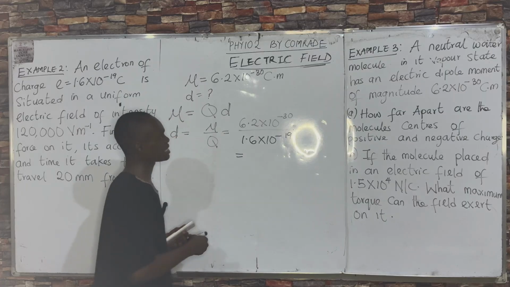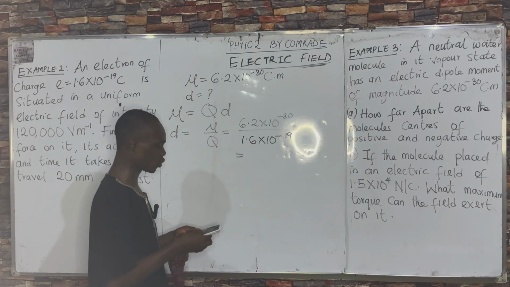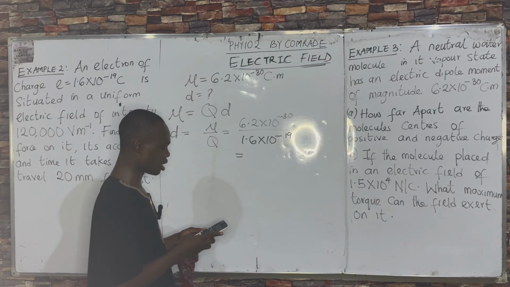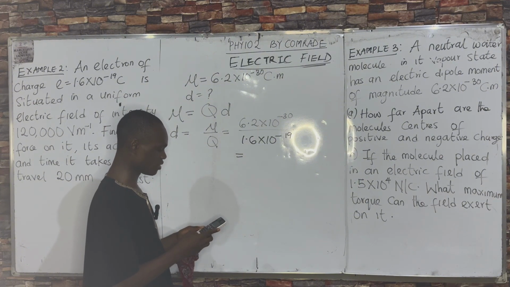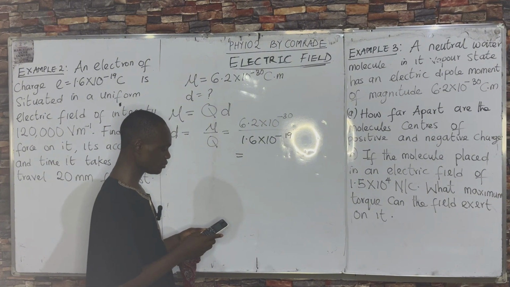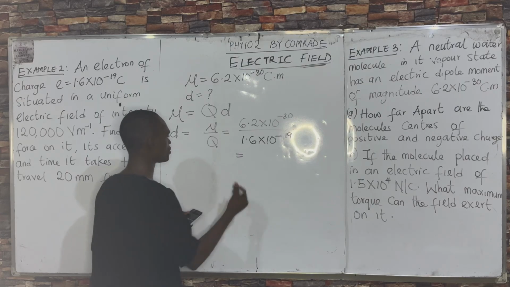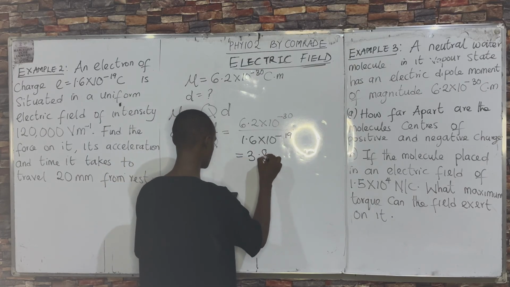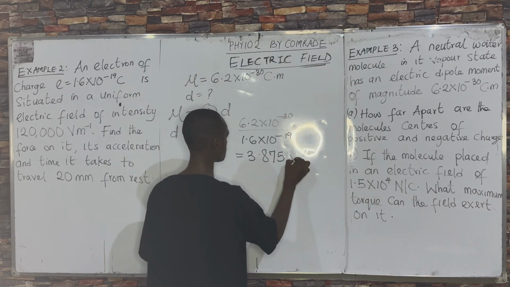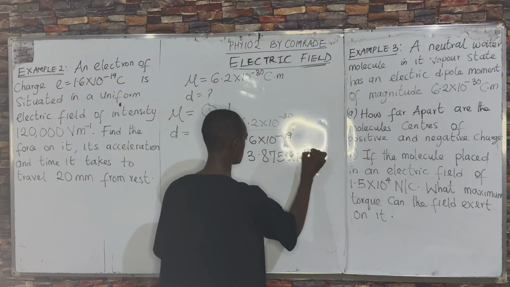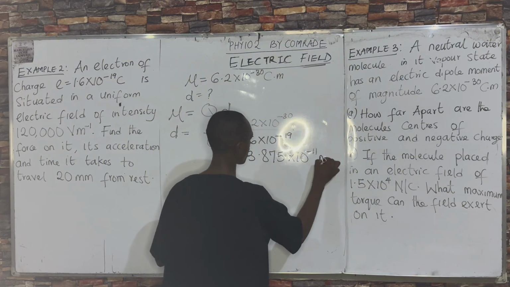So if I press my calculator, I should be having 3.875 times 10 raised to the power minus 11 meters.